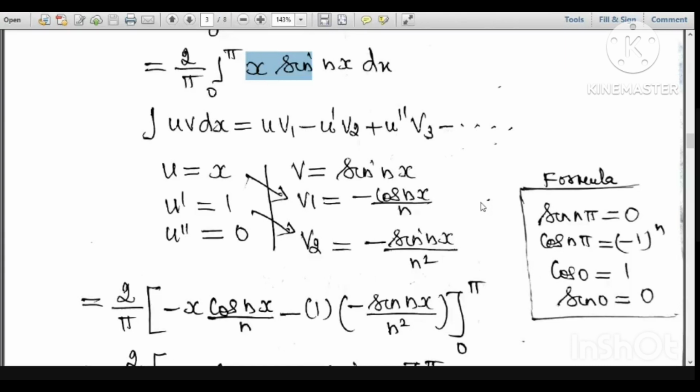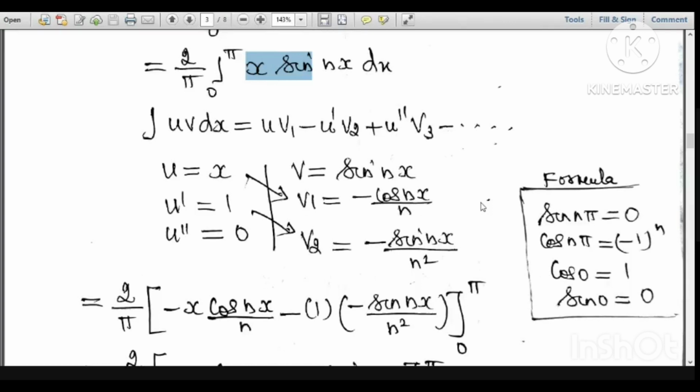Compare with what we have already written, integral 0 to pi x into sin nx dx. When you compare these two, you know what u and v are. So u is equal to x, v is equal to sine nx.